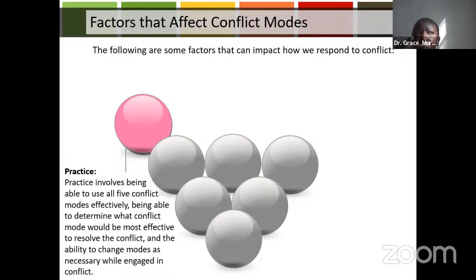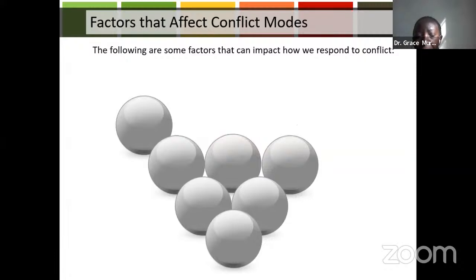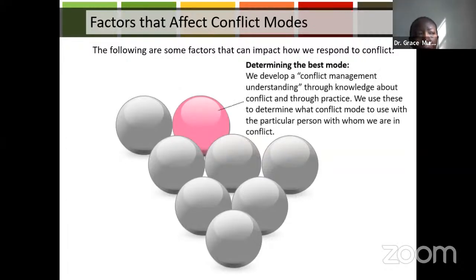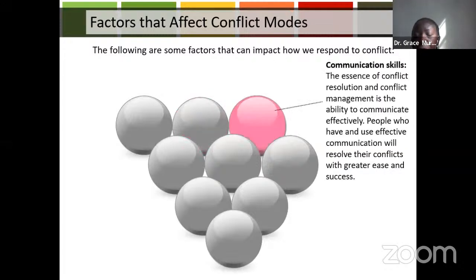You know when to use avoidance and when to use competition. Determining the best mode is related to practice. If you have mastered the art and science of conflict management, you know how to choose which mode when.